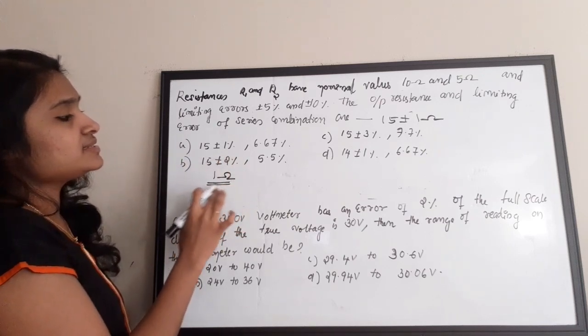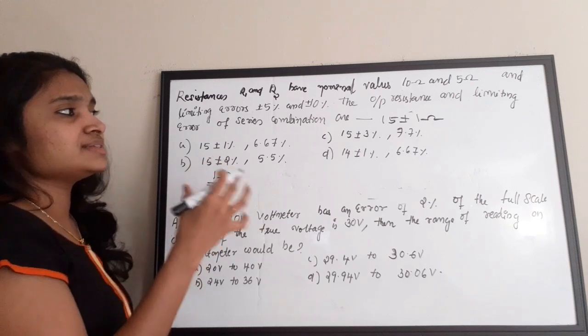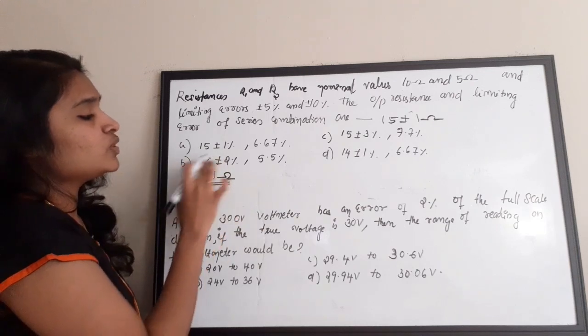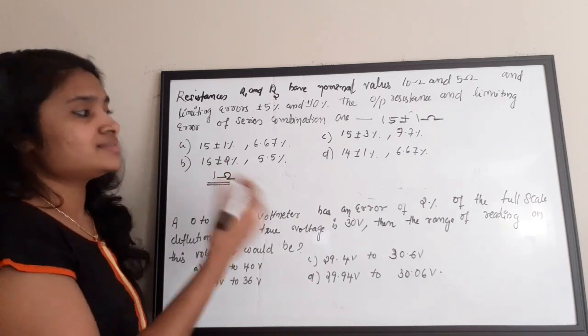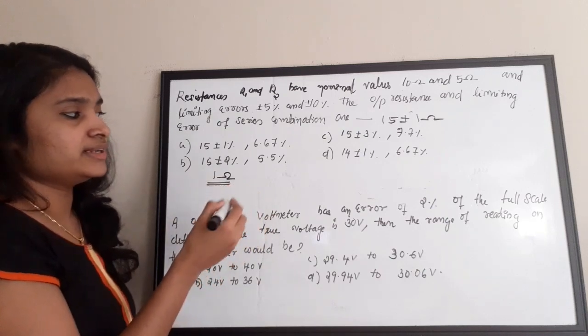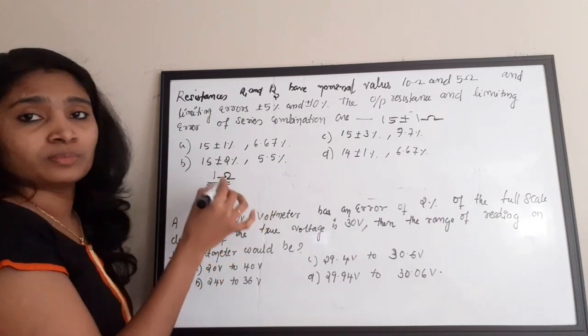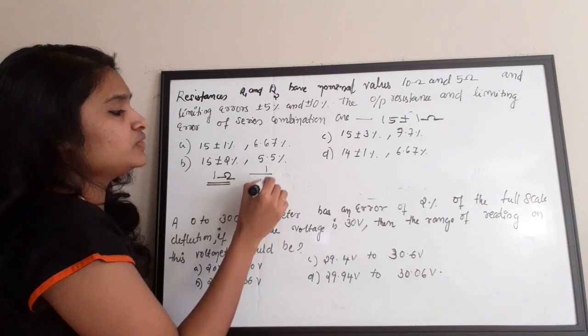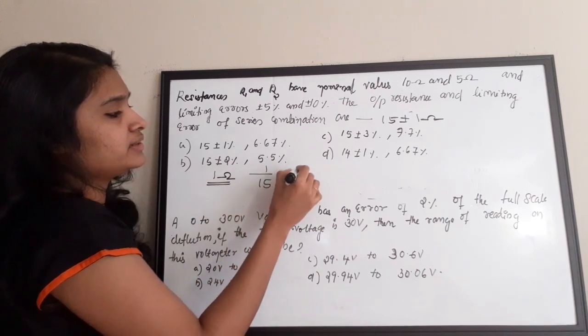So how is the limiting error percentage for this 1 ohm calculated? We need to find the limiting error for 1 ohm. It is 1 by 15 into 100.